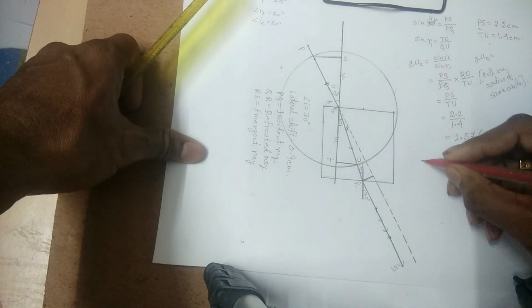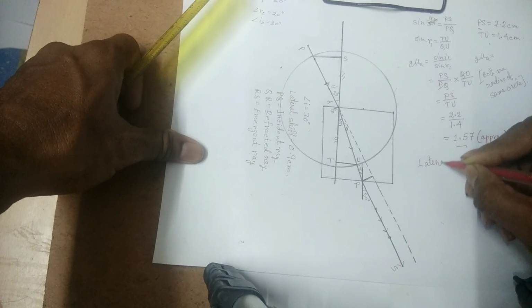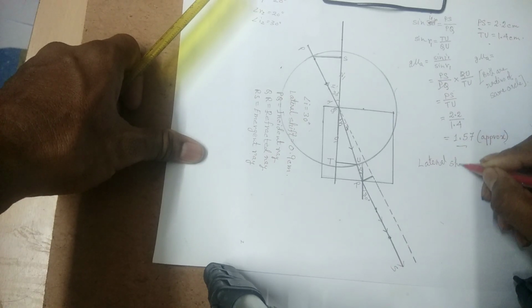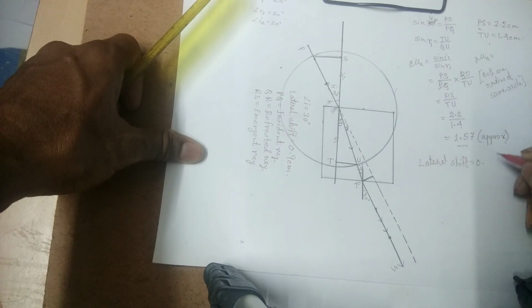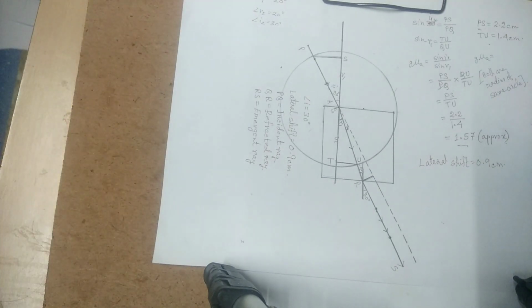Here you are writing lateral shift is equal to 0.9 centimeter. In this way, you can find the lateral shift and also the refractive index of a glass prism.